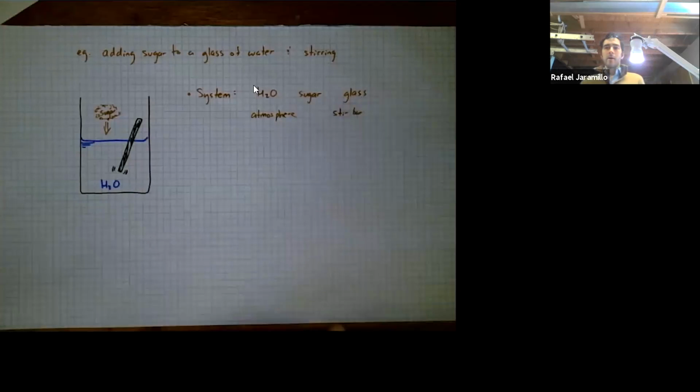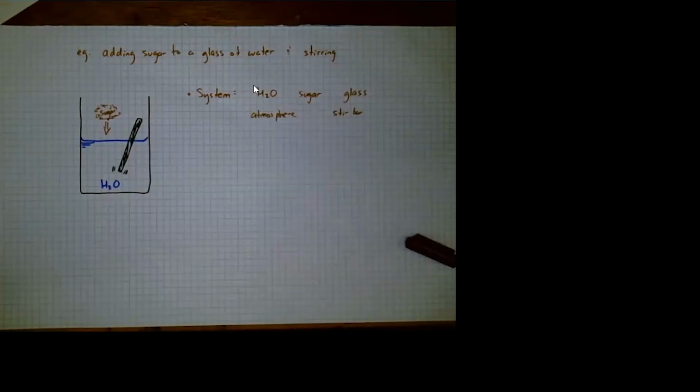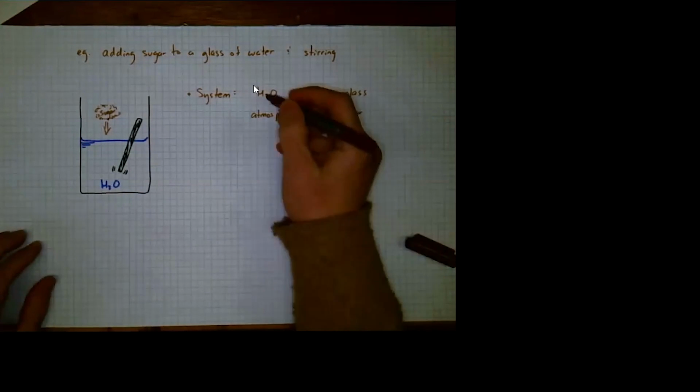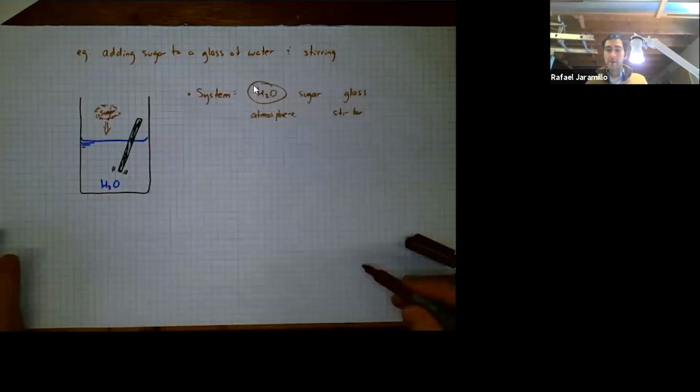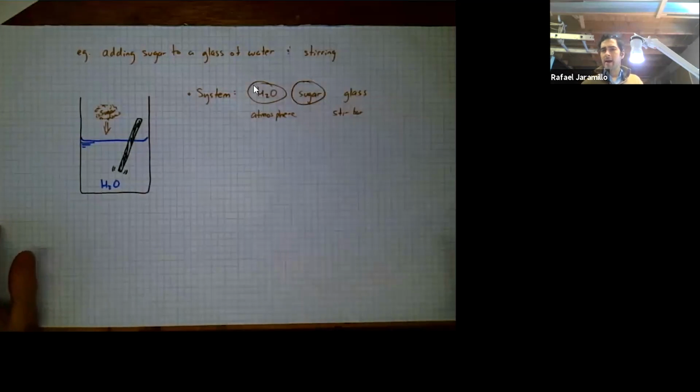I want to get an answer like, how sweet will the water become? That's the answer I need. What system should I analyze? What should be in the system and what should not be in the system? So would somebody say, should the water be in the system? Yes, because it's one of the main components of the mixture. Okay, so we're going to choose the water. And the sugar, I will say also, is one of the main components of the mixture. So, okay, that's good. What about the glass?